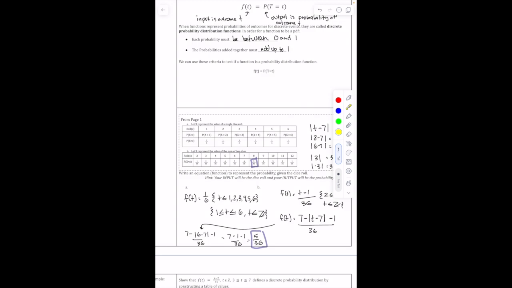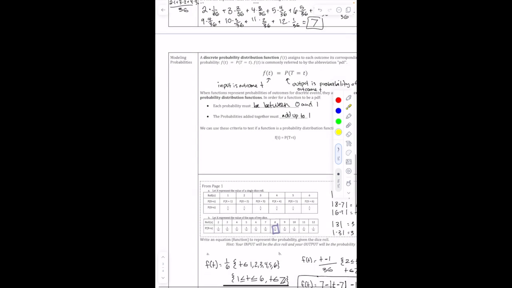So we actually no longer need to split it up in two. We can say this function here will always work. It works for the ones both before 7 and the ones after 7. So this function works for t values from 2 all the way to 12 as long as t is an integer. Again, if you're feeling a little confused on how we built that equation, don't worry too much.